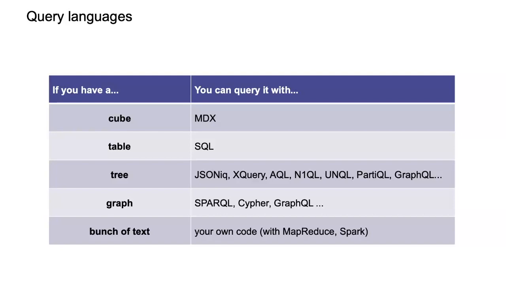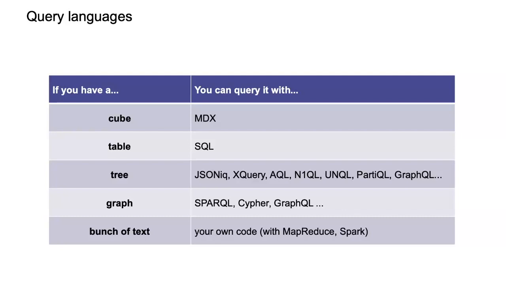And for a bunch of text, there's not really a language, but you can write your own code to do this. In fact, a lot of digital humanists who work with texts and papers and publications, they like languages like XQuery, surprisingly, because XQuery is, of course, meant for XML-like trees, but a lot of publications are actually in the XML format. So XQuery is quite popular for a bunch of text.